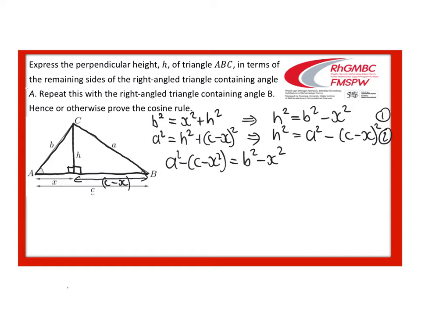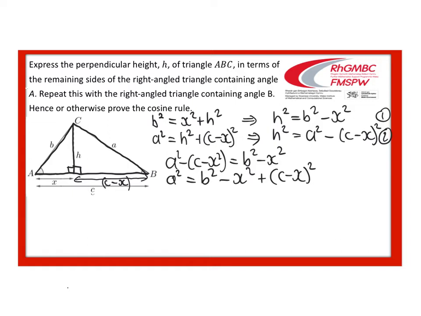Okay, so I'm going to rearrange and make a the subject, because this is starting to look a little bit more like the cosine rule now. So we're going to have a squared equals b squared minus x squared plus c minus x squared. Okay, so it's not quite looking right at the moment, but we'll expand the bracket c minus x squared and see what happens.